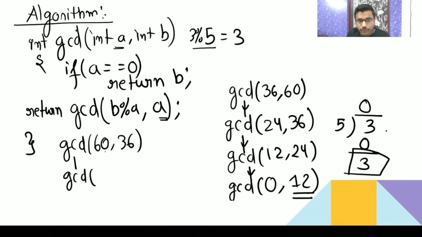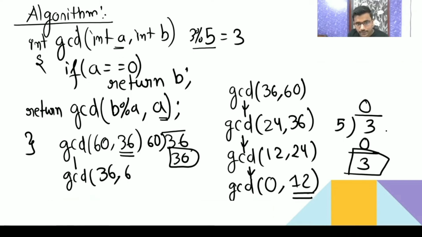So if you divide B, which is 36, by 60, what remainder do you get? 36. So B mod A is going to be 36. Now this A is going to be here. Understood?